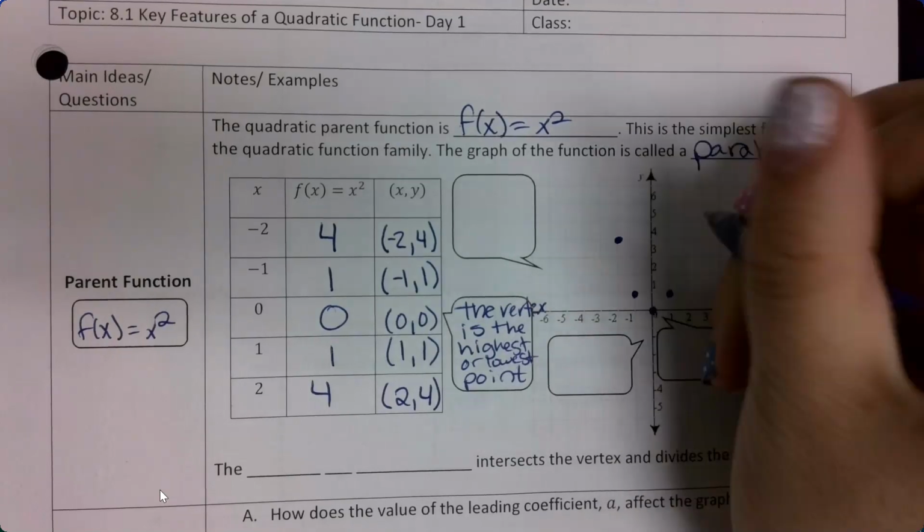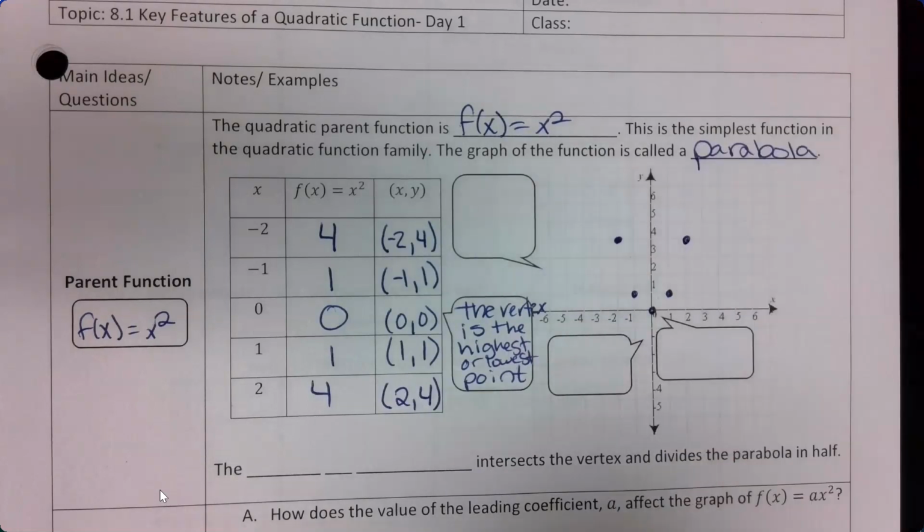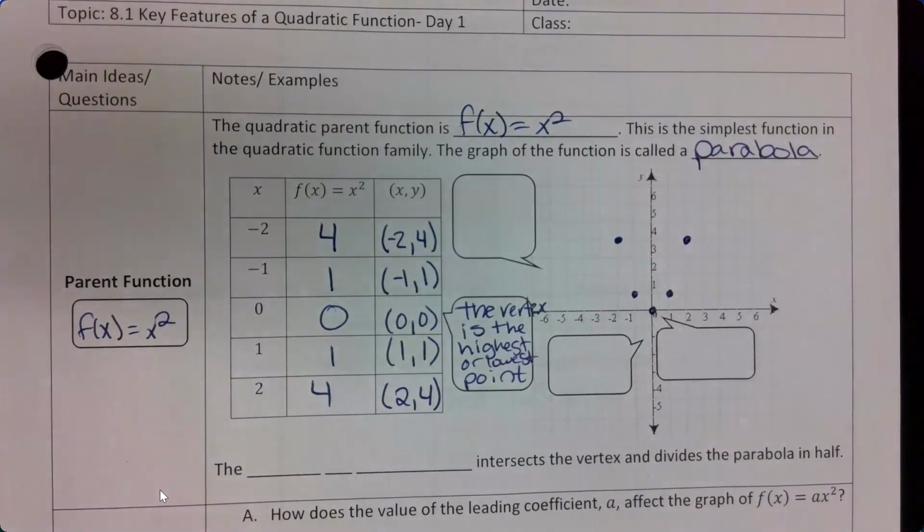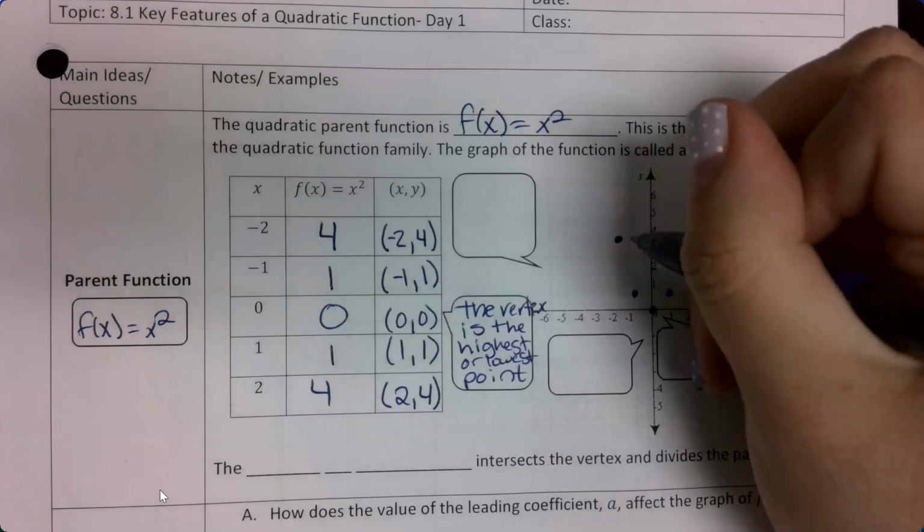And then 2, 4. I go right 2, up 4. And I want to connect my points.